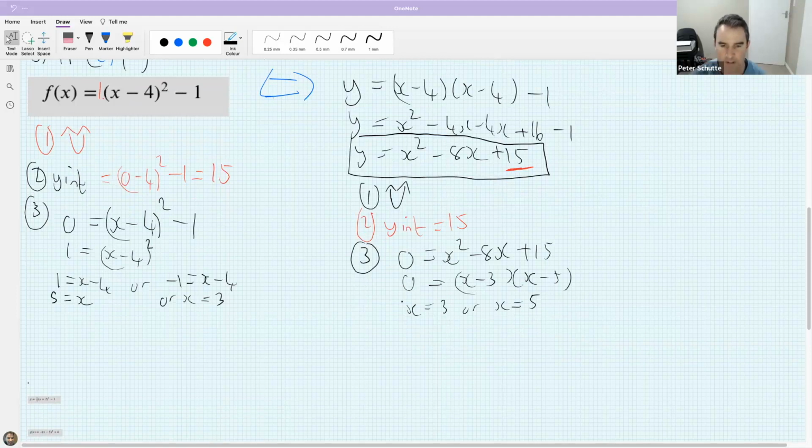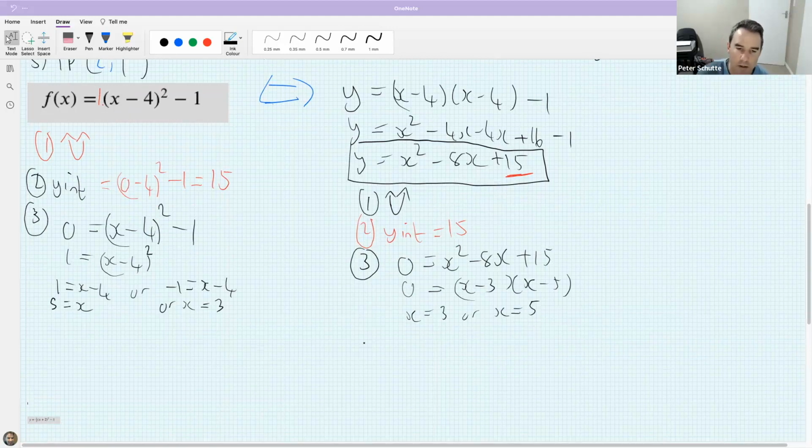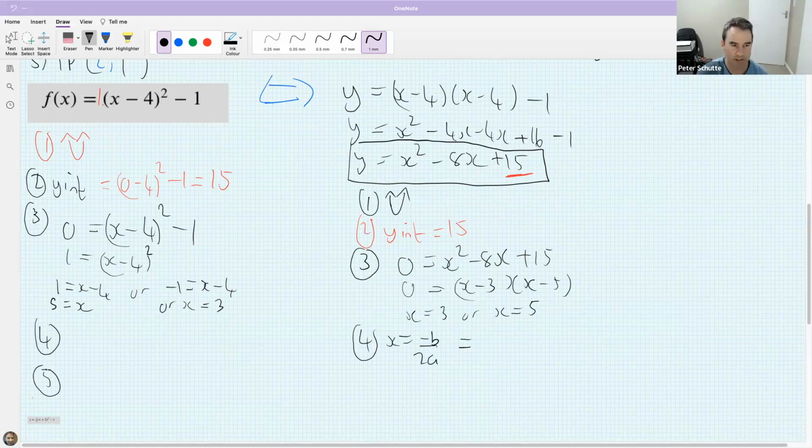Now, what's my turning point going to be? Well, in this one, it's going to be minus b over 2a. Now, in this one, actually, it's quite simple, but I'll talk about that in a bit.